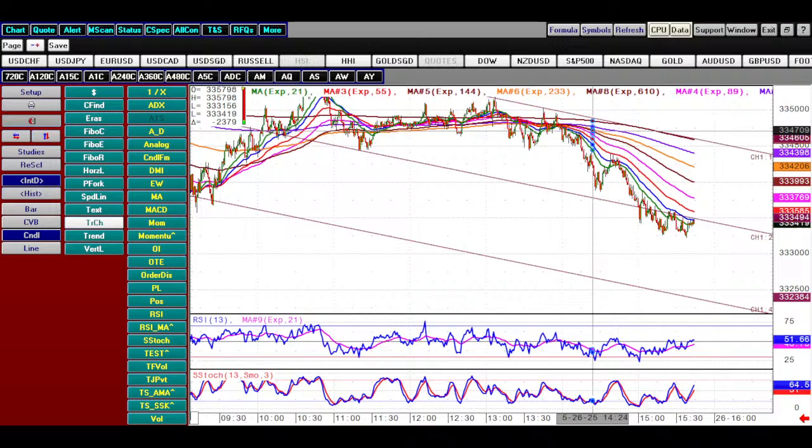Otherwise, the movement will not be there. Then at 7, 8 o'clock, that's where Japan comes into play, and after Japan comes into play, we have three markets running. So we may have some activity after 8 o'clock Singapore time.